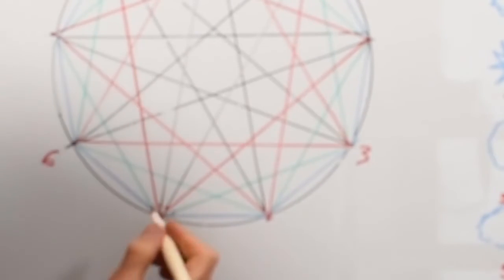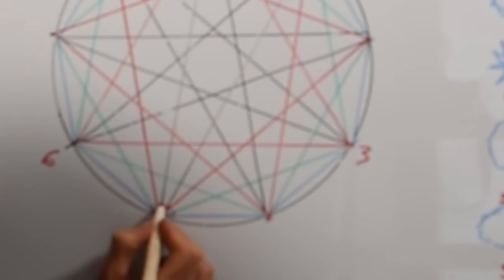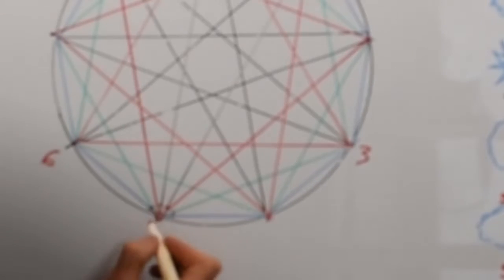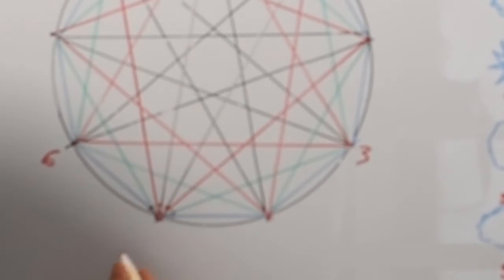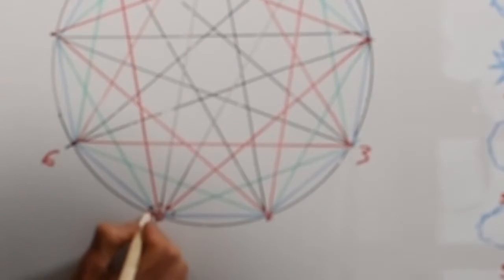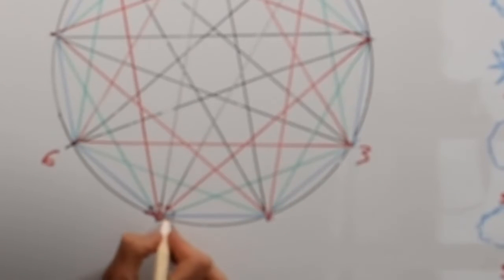Okay, so now this guy has got 1, 2, 3, 4, 5, 6, 7, 8. It's got 8 points. Each point is linked to 8 points. And of course, the 9th point, because it needs to be 9. So the 9th point is this one here, but this one is the actual circle itself.